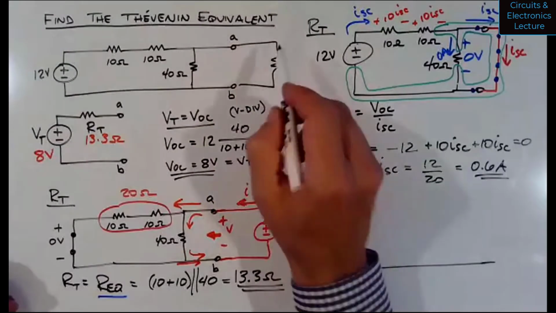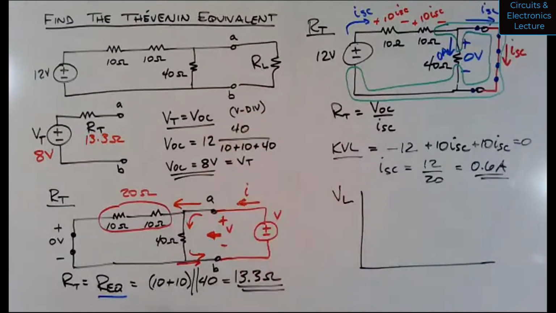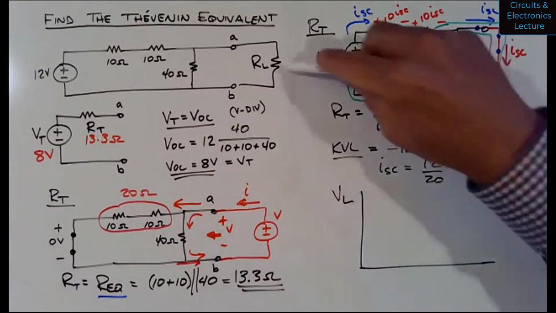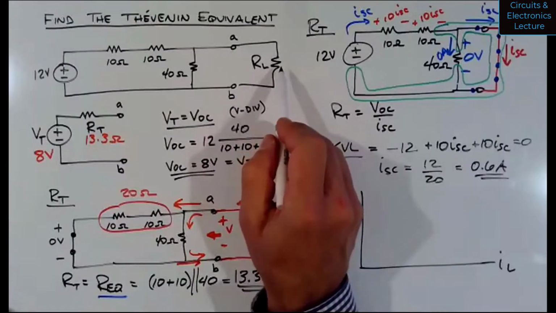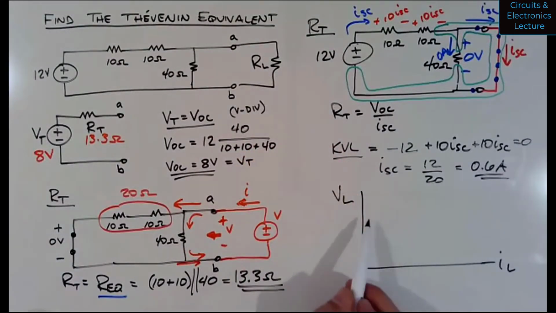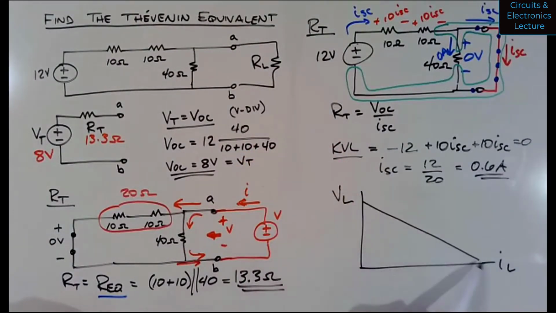So if I come up to this right side and I add a load, and you change this load resistance value and plot the voltage across the load versus the current through the load for different values of RL, you would find a straight line on that graph.